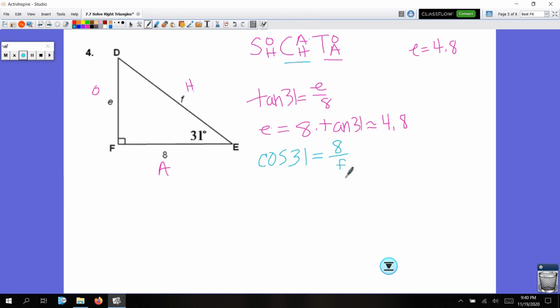If you have the variable in the denominator, you can just change places because it saves us a bunch of steps. So F equals 8 divided by cosine of 31. You put that in your calculator. 8 divided by cosine of 31, and I get 9.3.